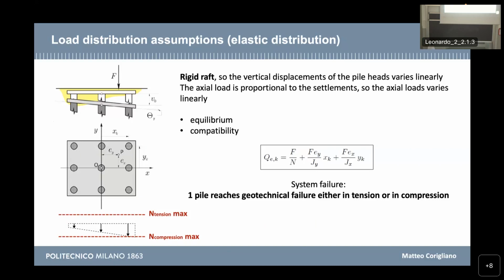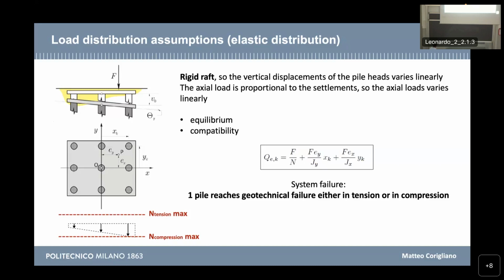And this is a very strong assumption, because we have to distinguish between geotechnical failure and structural failure of the pile. Geotechnical failure means that the piles can't resist in terms of soil resistance, so that the soil around the pile can't resist.